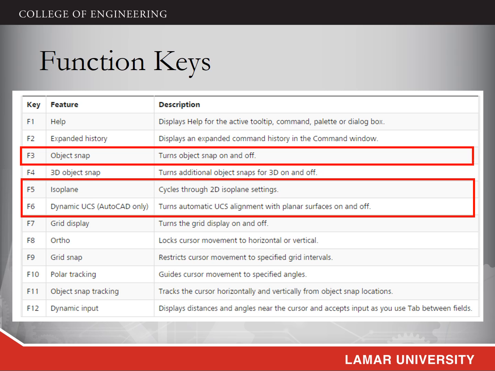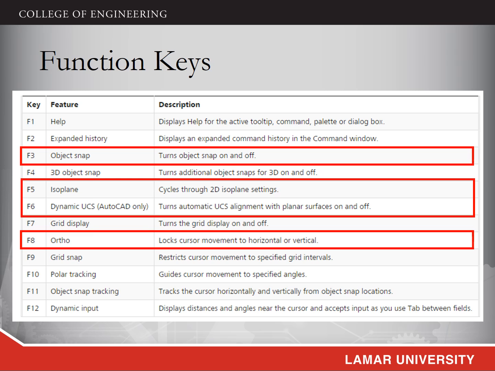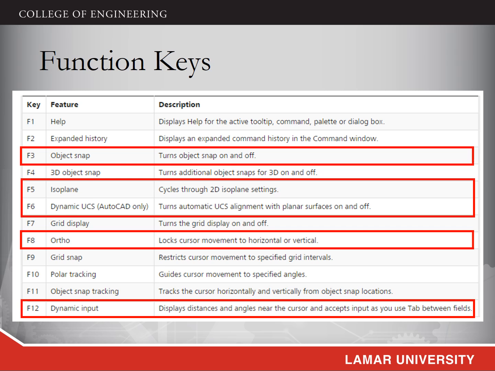This one is very helpful for us to design some objects accurately. And F8 will activate the orthogonal mode, which will allow you to draw horizontal and vertical lines. And F12 will activate the dynamic input so that the cursor will display the distance and angles on the model space.